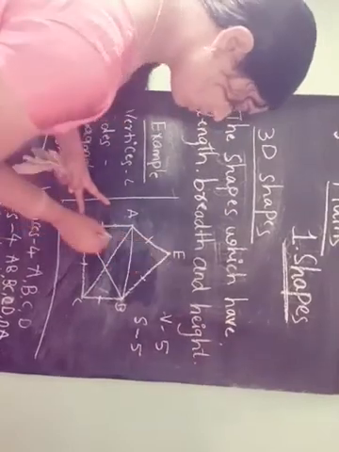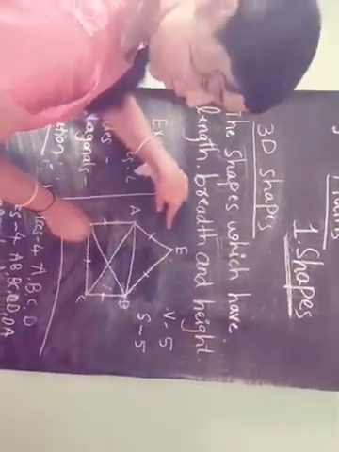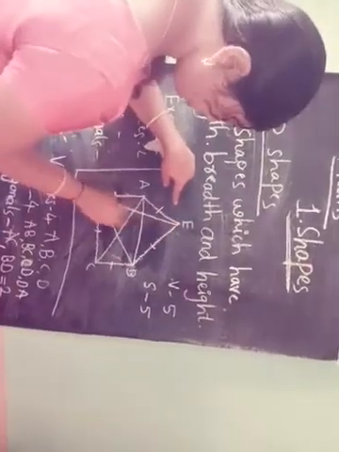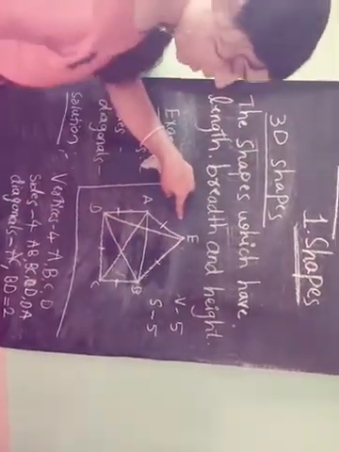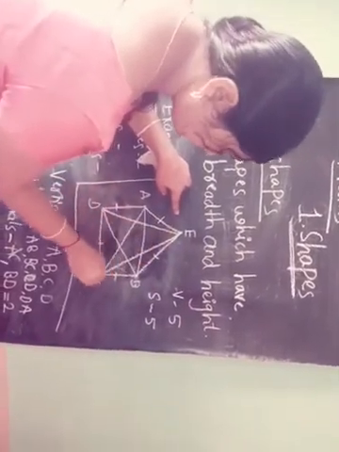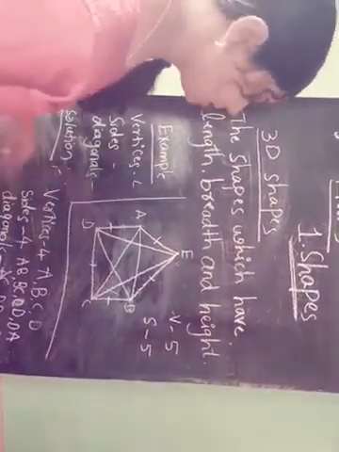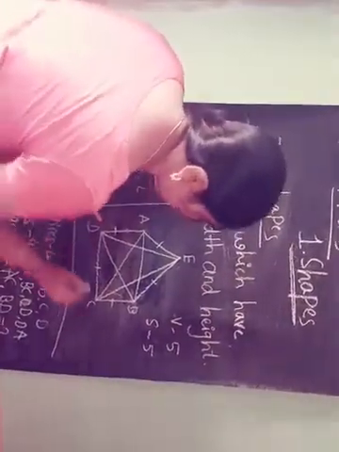From this also we can draw. From E to D we can draw. E to D, one diagonal. Then E to C. Yes, you will get star shape. Let me write these diagonals.